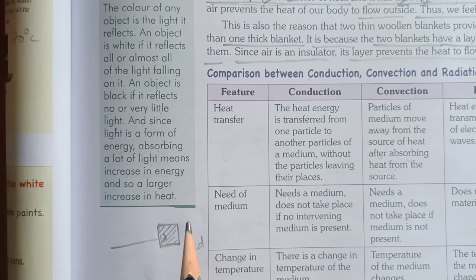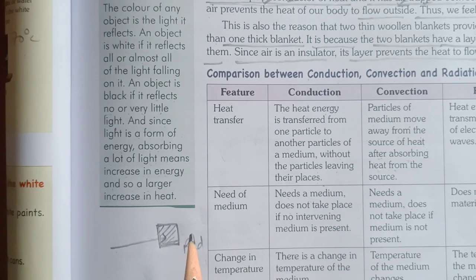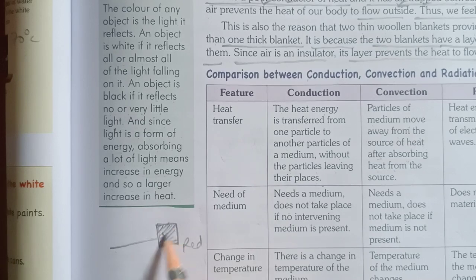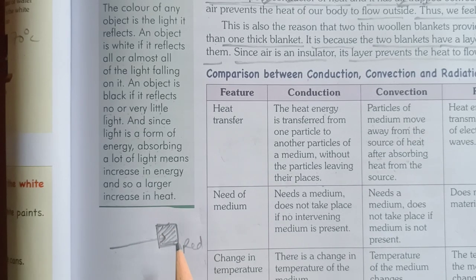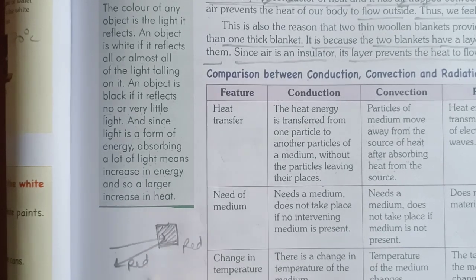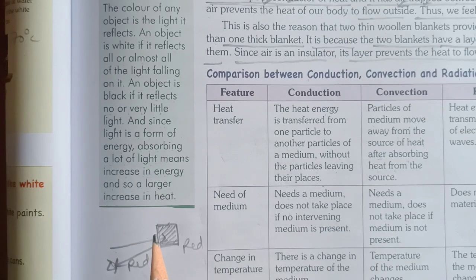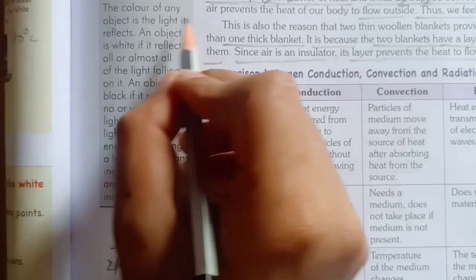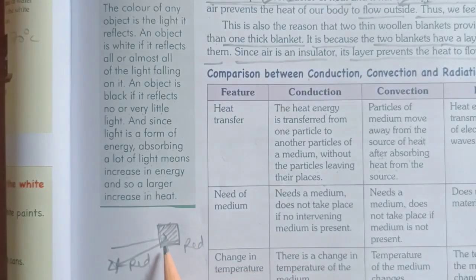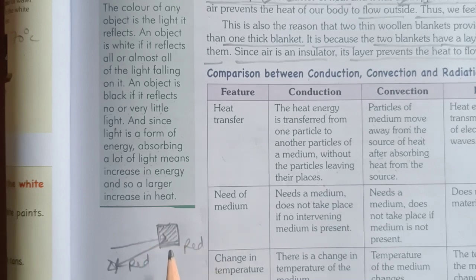From these 7 colors, except one color, that is red, all the other 6 colors are absorbed by this object or the surface. And the red color which is getting reflected comes to our eye and we see the object as red. So the color of an object is the light it reflects. As the object is reflecting only the red light, that's why we can see the object as red, and it is absorbing all the other colors.